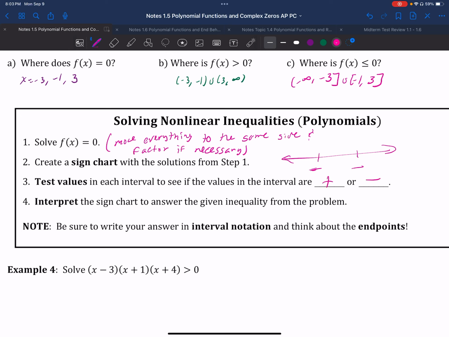And then after that, you're going to interpret the sign chart and the inequality that they gave you to figure out if you're looking for the positive or negative y values. Be sure to write your answer in interval notation and then think about the endpoints. So for the endpoints, you're asking yourself, is it included? So I need to use a bracket, or if it's excluded, I need to use a parenthesis.